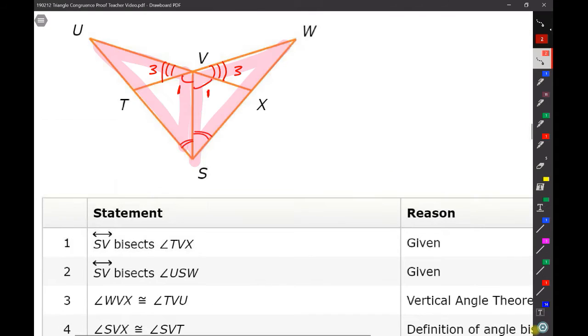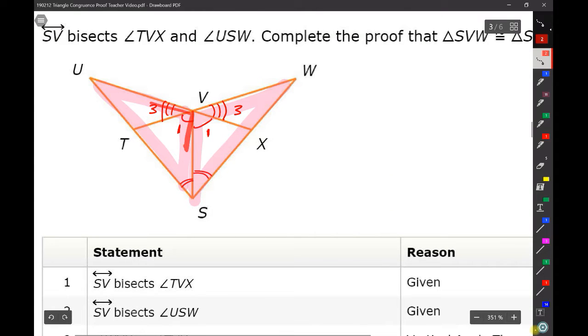And now we've established the idea that this whole angle right here is congruent to this whole angle right here. So let's try that again. We've established that this angle right here is equal to this angle because they're both 1 plus 3s. We already know that these two angles are congruent in our triangle because of the bisector.